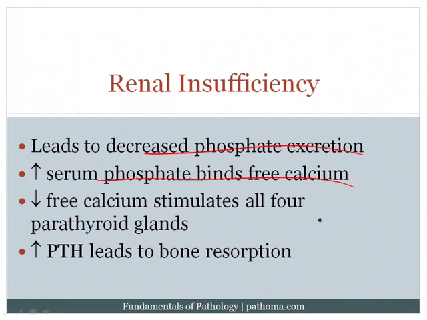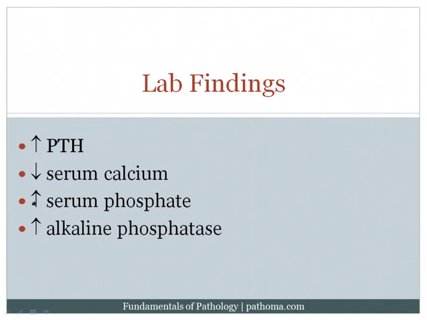Now remember that the parathyroid gland doesn't look at anything except free calcium, and so when it sees that there's less free calcium, that's going to stimulate all 4 parathyroid glands to increase PTH secretion, and that then will result in a secondary hyperparathyroidism. The lab findings will be an increase in PTH, and they'll have a decrease in their serum calcium. Why?